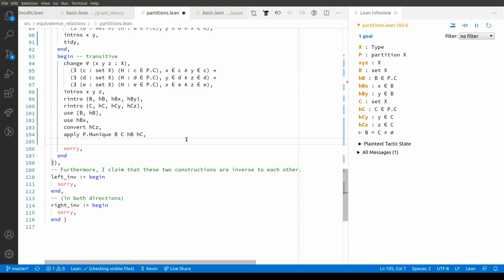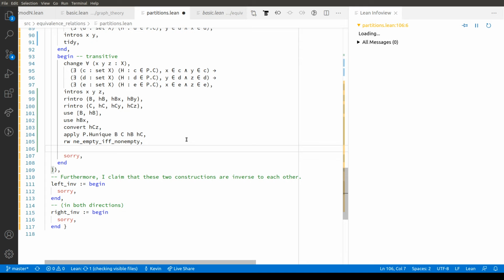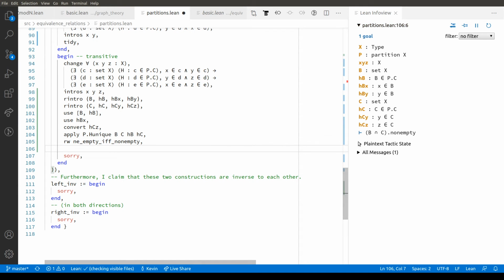And now to prove that something's not equal to the empty set, we can use the fact that something's not equal to the empty set if and only if it contains an element. And what element does this contain? It's going to be Y. Let's use Y there.